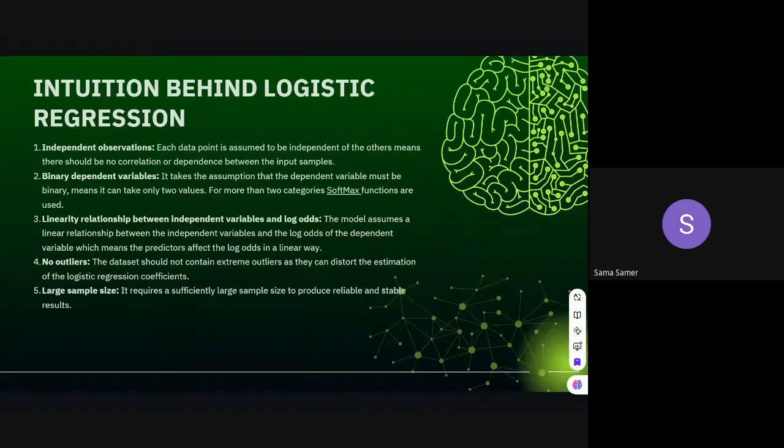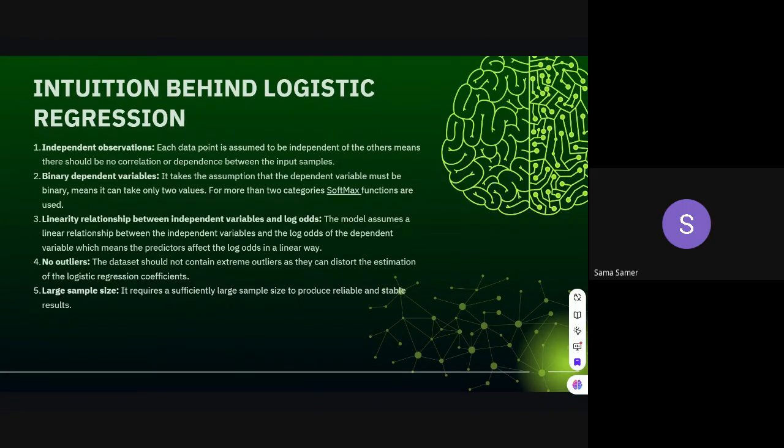The independent variable: each point inside our data at the very beginning is independent. It does not relate to anything. No correlation, no relation between any other points or between the input samples.